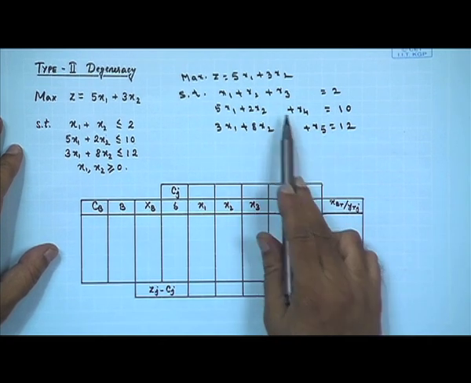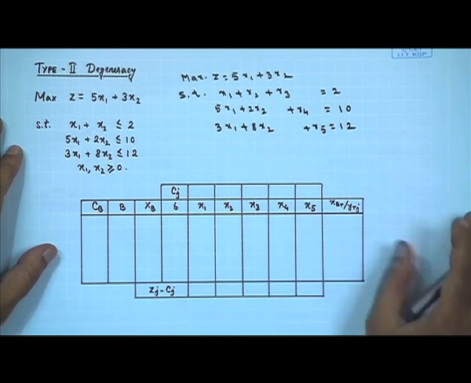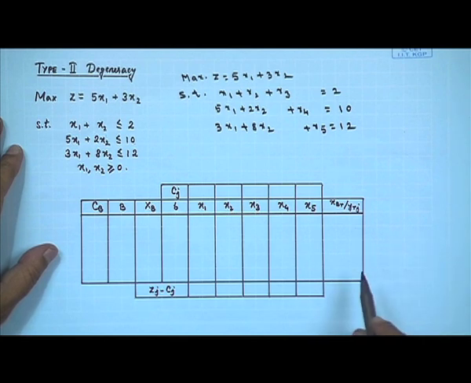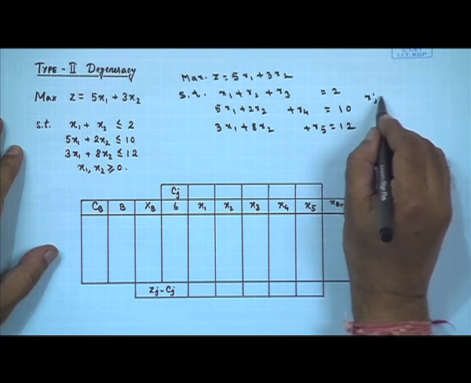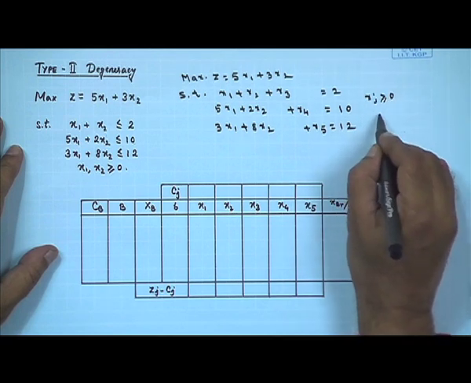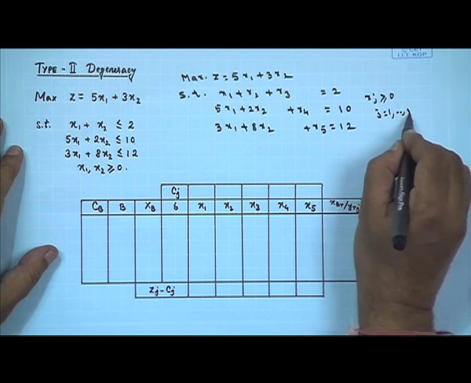So x3, x4 and x5 are the slack variables which we have introduced, and xj greater than or equal to 0, where j equals 1 to 5.